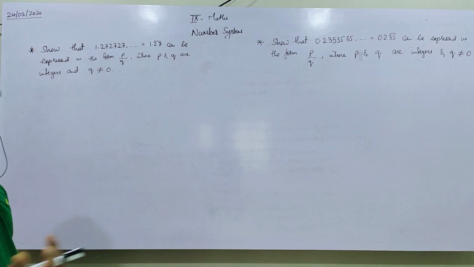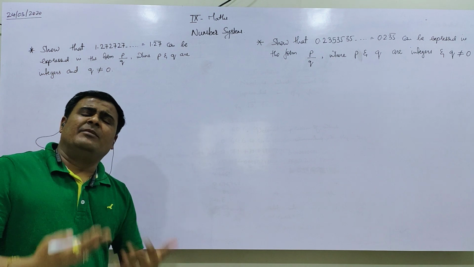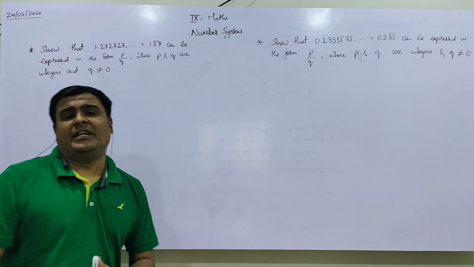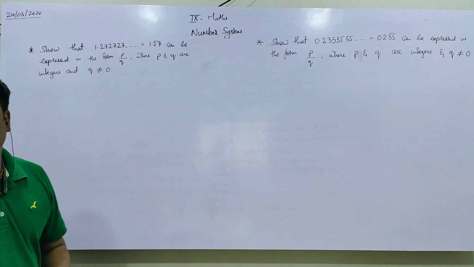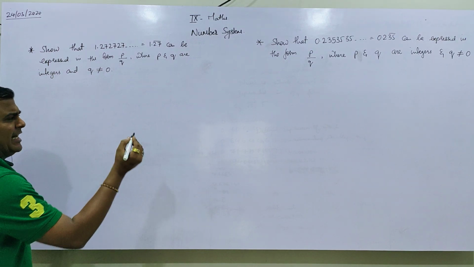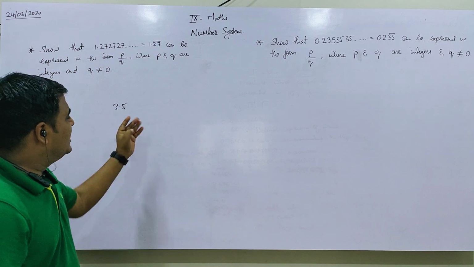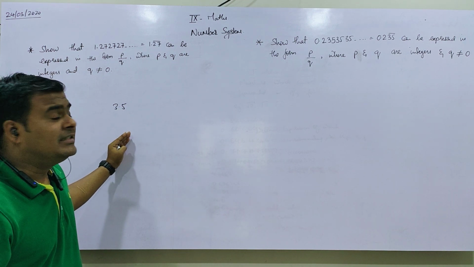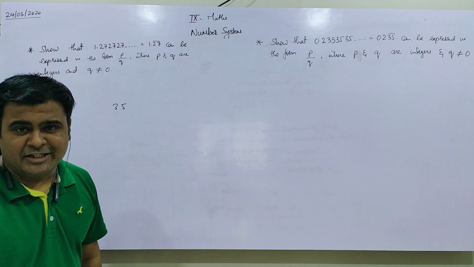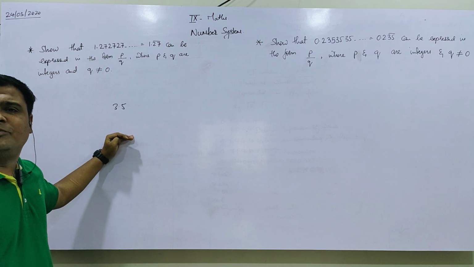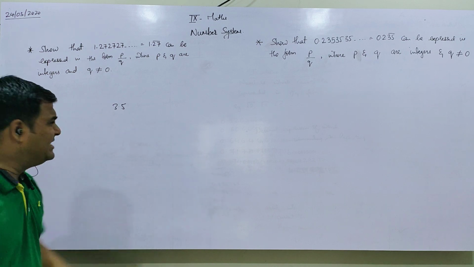Now let us see how the decimal expression can be represented in P by Q form. Our simple terminating decimal expression, let us talk about 3.5. If we talk about 3.5, this type of decimal expression is a terminating decimal expression. Now, expressing this decimal expression into P by Q form is very simple.